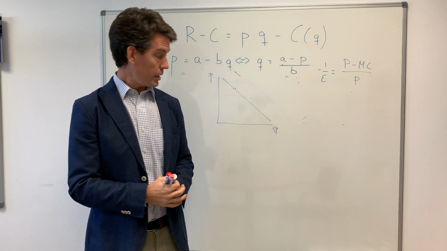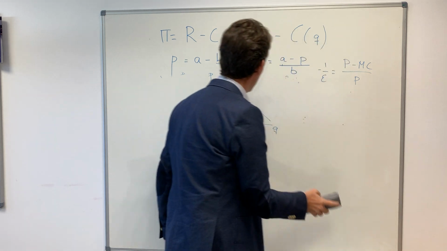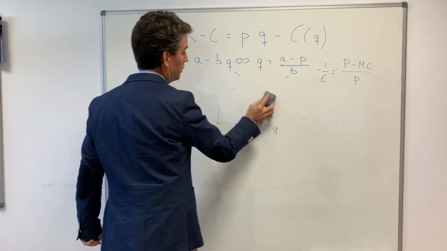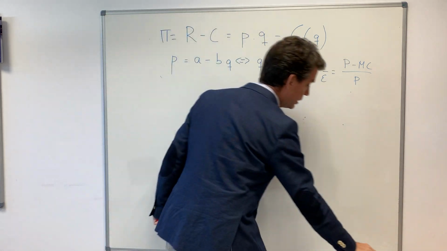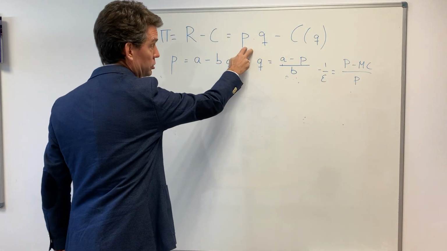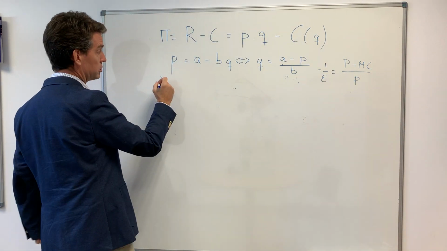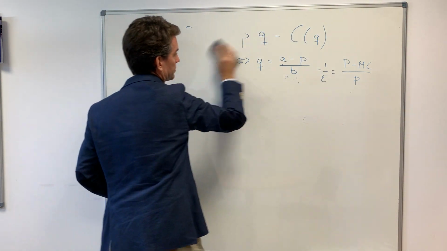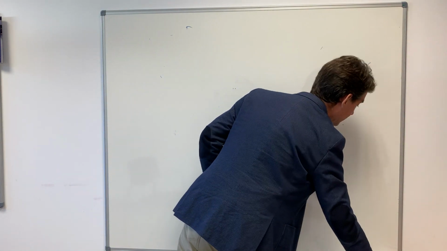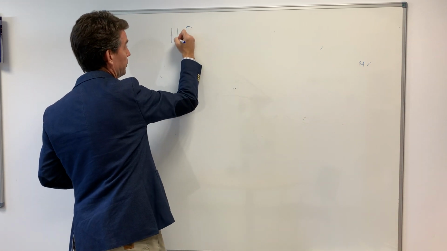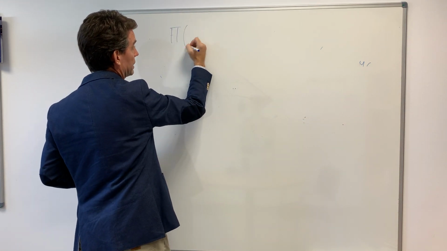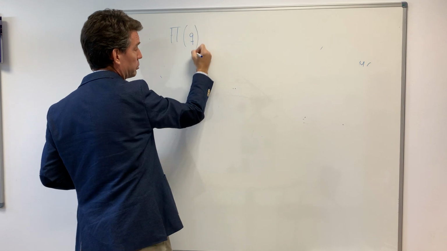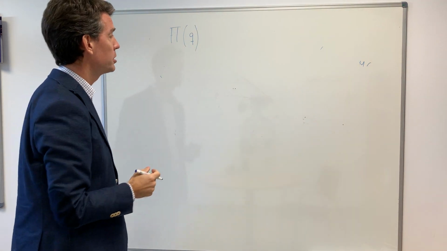Now, in order to understand how to maximize profits in all markets, first, you're trying to maximize this function, so you really need to know that function. You need to know that your profits are the difference between revenue and cost. So your profits are going to be a function that, let's write it as a function of the quantity. We could write it as a function of the price, but this is more immediate.